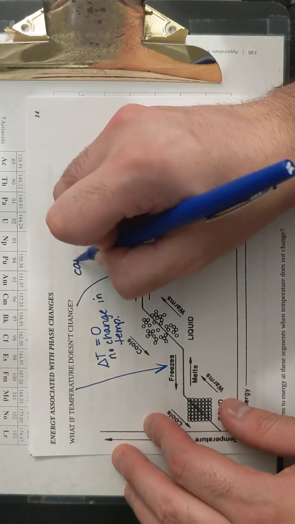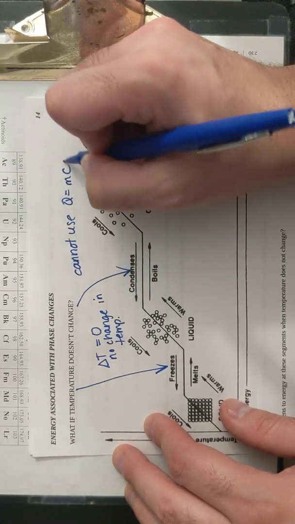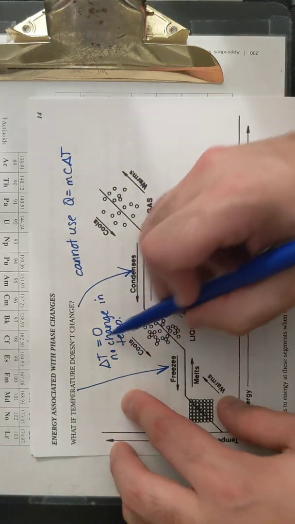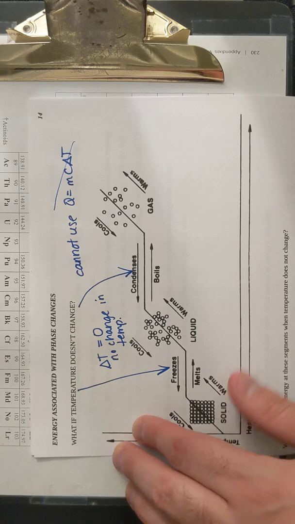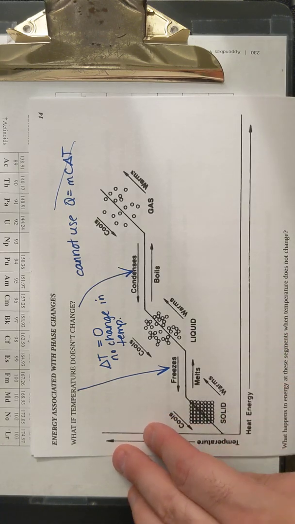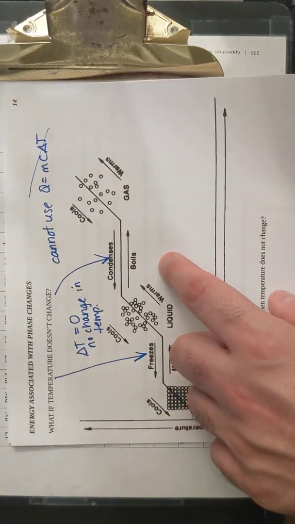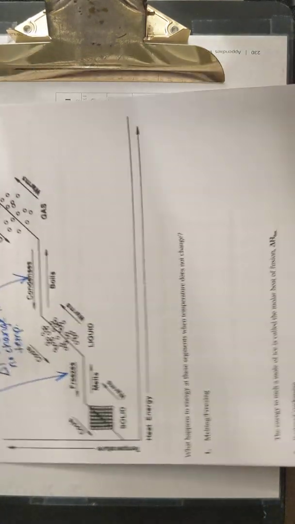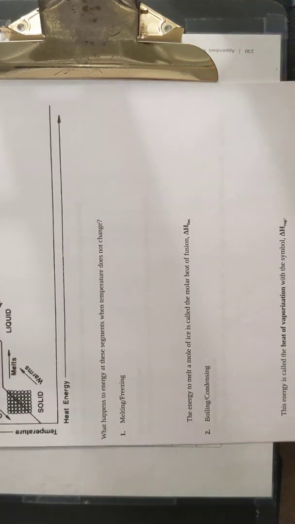Because of that, I cannot use Q equals mc delta T, because if delta T is 0, this whole thing becomes 0. But I know, just from my own knowledge, that if I freeze or melt something or condense and boil something, there is energy associated with that change. So what happens to energy at these segments when temperature does not change?